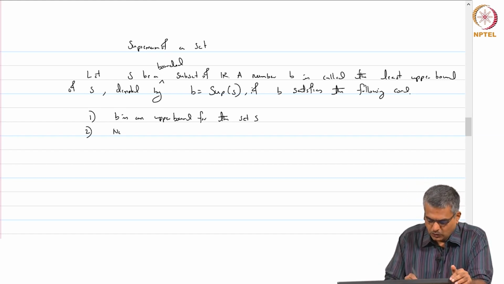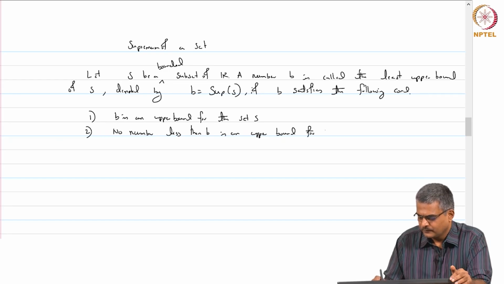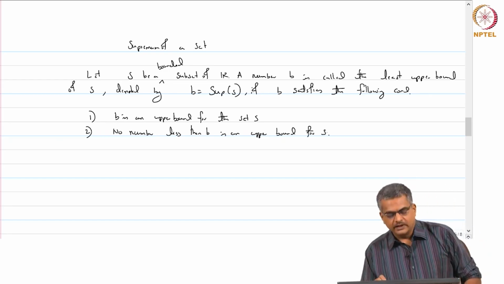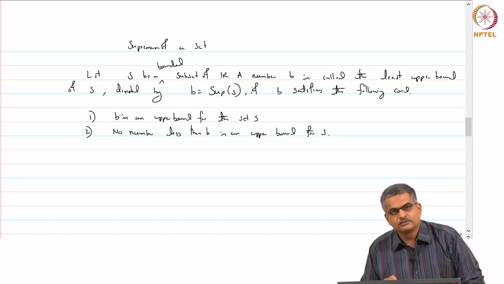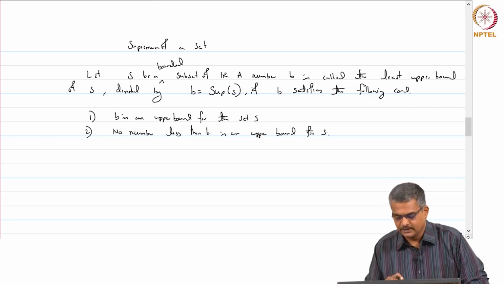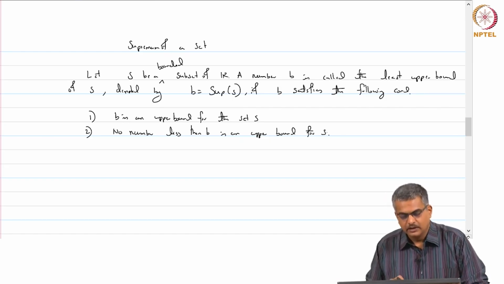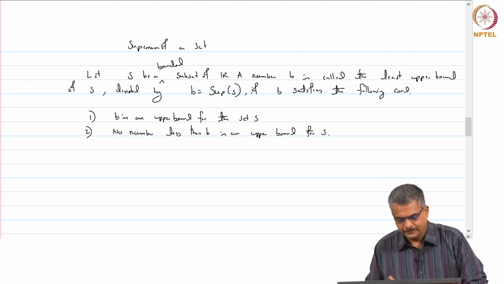Second is no number less than B is an upper bound for S. So, if you can find a number B which satisfies these two properties, that is B is an upper bound for S and no number less than B is an upper bound for S, then B is said to be the supremum of the set S, right.